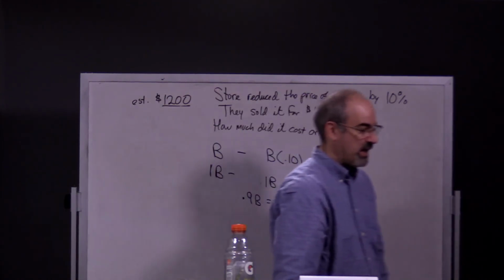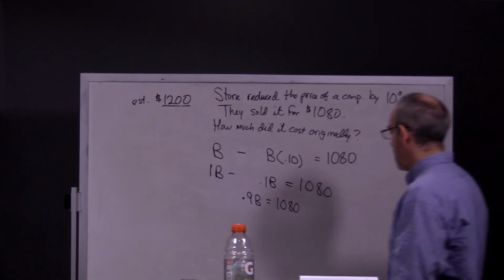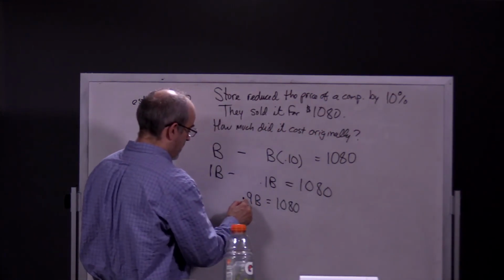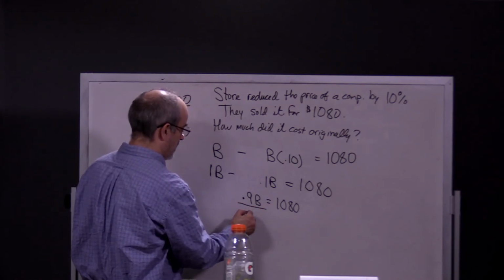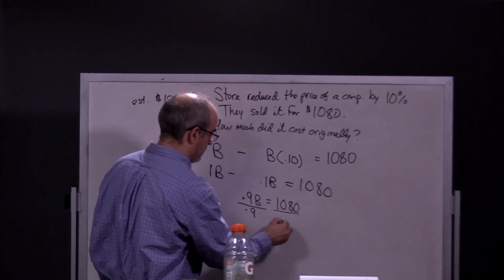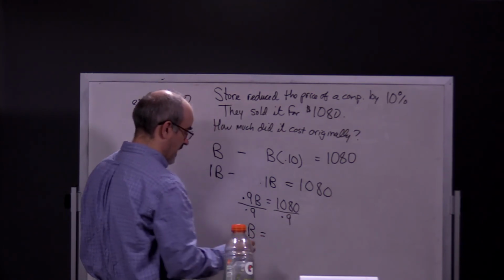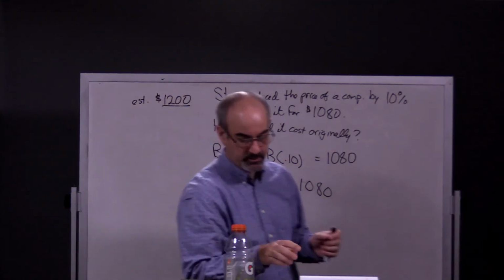Okay, so you have 0.9B equals 1080. Don't be worried about a decimal, right? You do the same thing. To get rid of the 0.9, you divide by 0.9 on both sides. So you get B is 1080 divided by 0.9.